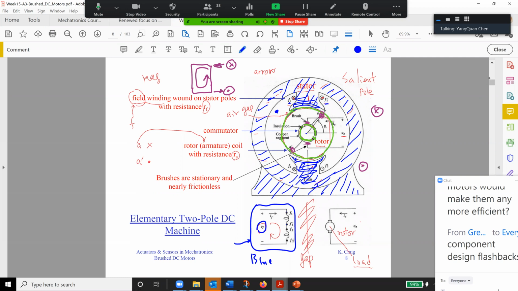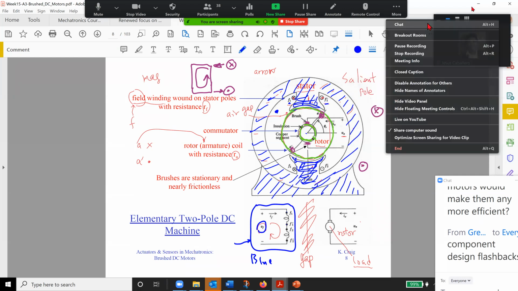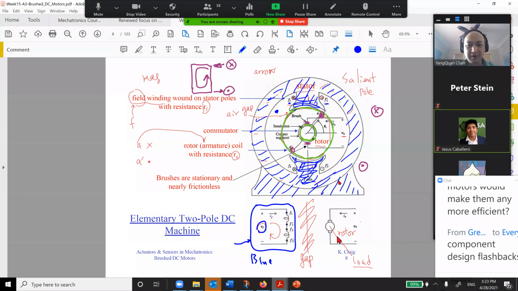So there's a winding circling on that. Make sense? Same thing here, you have a winding F2 and F2 prime. F2 prime is coming out, and F2 is the cross, going perpendicular into the paper, into the screen.